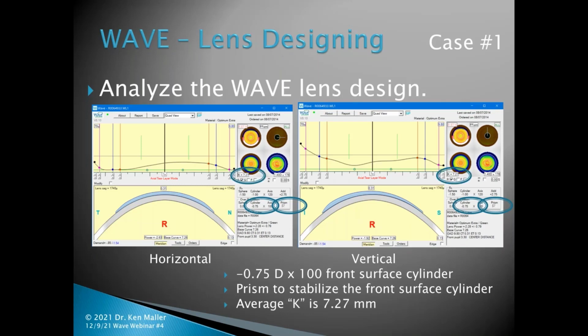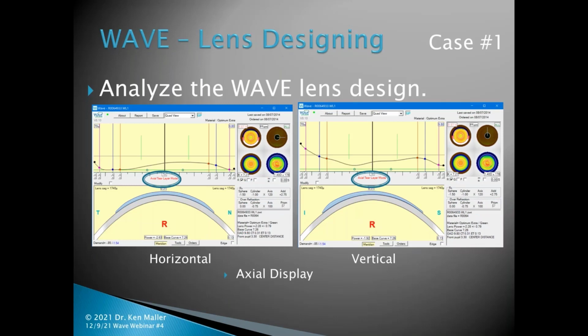We notice here that the average K is at 7.27 millimeters. Again, that's displayed in the lower left of the quad display on the wave screen. And I had chosen a base curve for this lens at 7.26, so it's basically an on-K fit. Let's move forward. I have it displayed in axial mode.